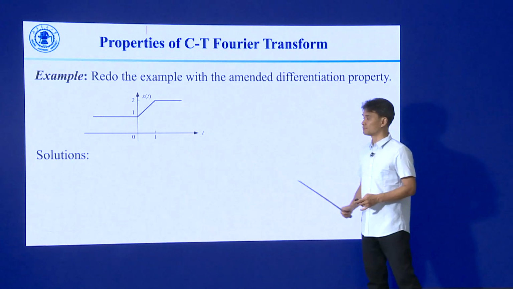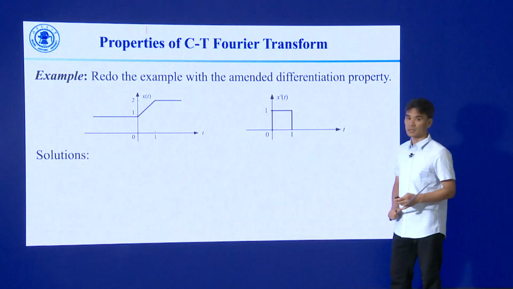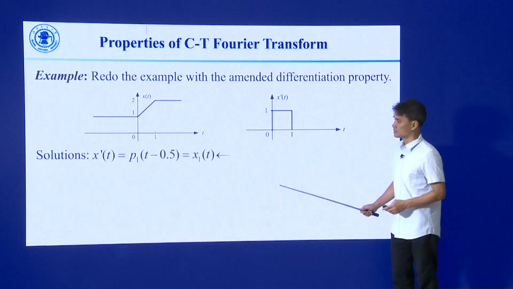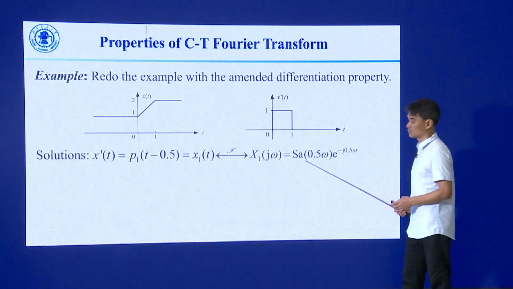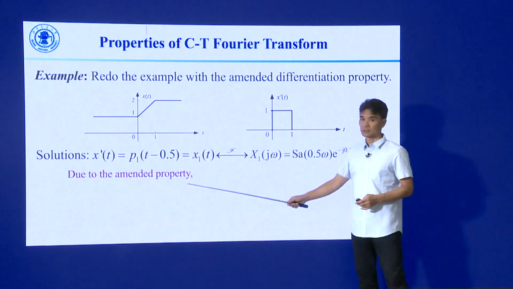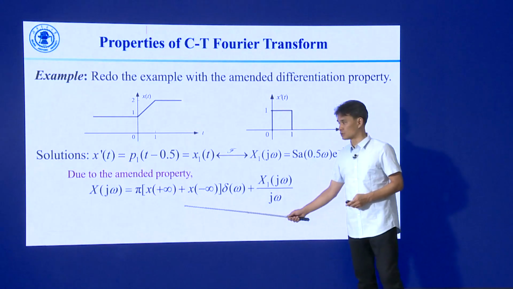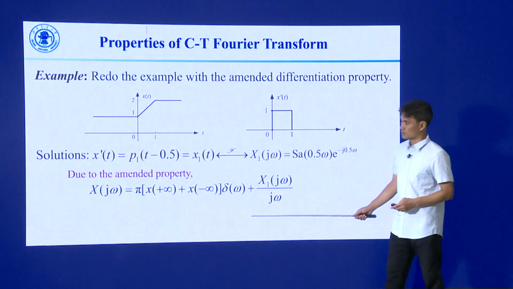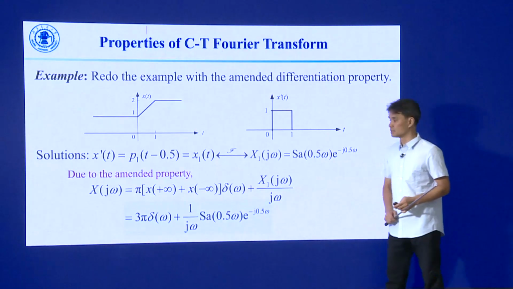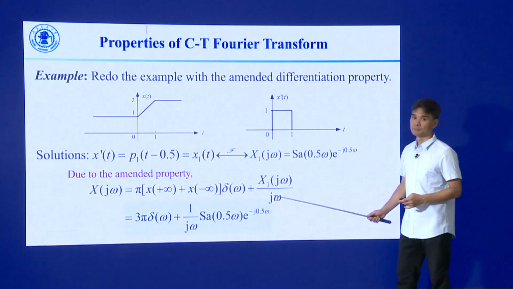The first derivative of this waveform is a time-shifted rectangle signal, and the spectrum can be figured out like this. Now we use the amended time differentiation property. We can get the answer like this, and we put all the values in. This will be exactly the same as the previous example.